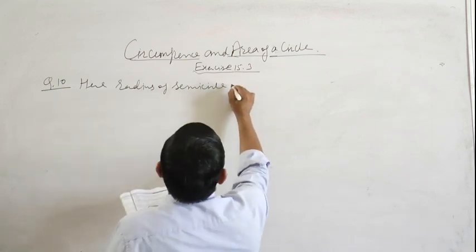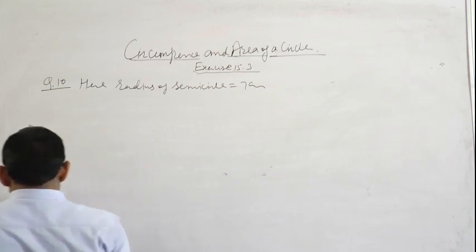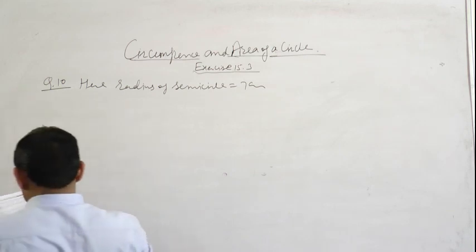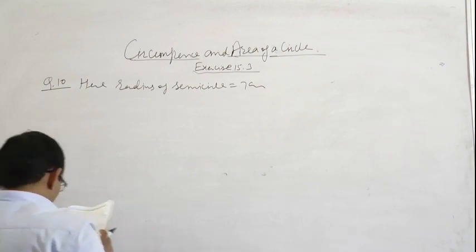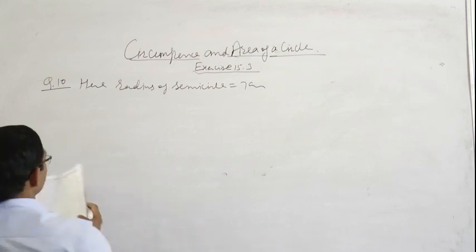Radius of semicircle is 7 centimeter. Find the area of circle formed inside the semicircle.